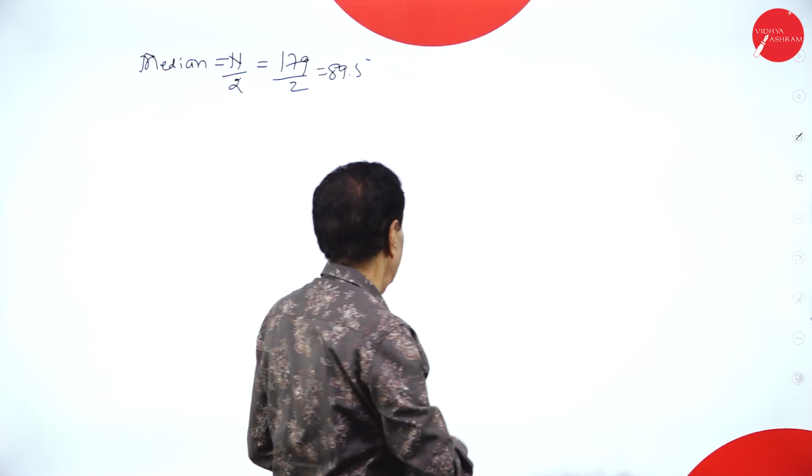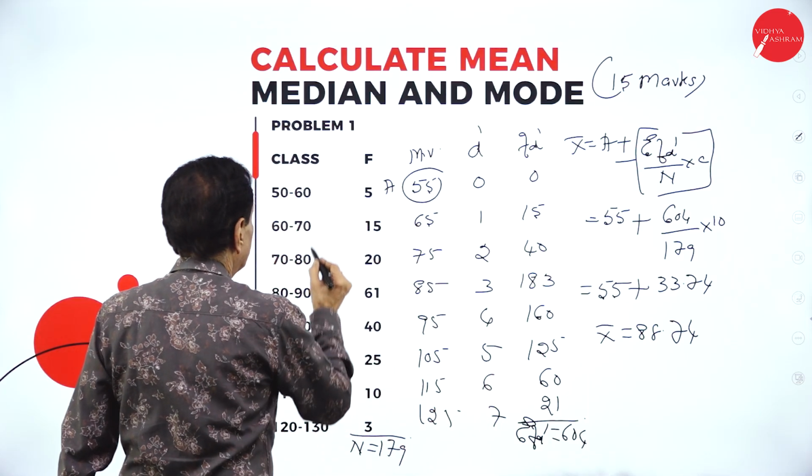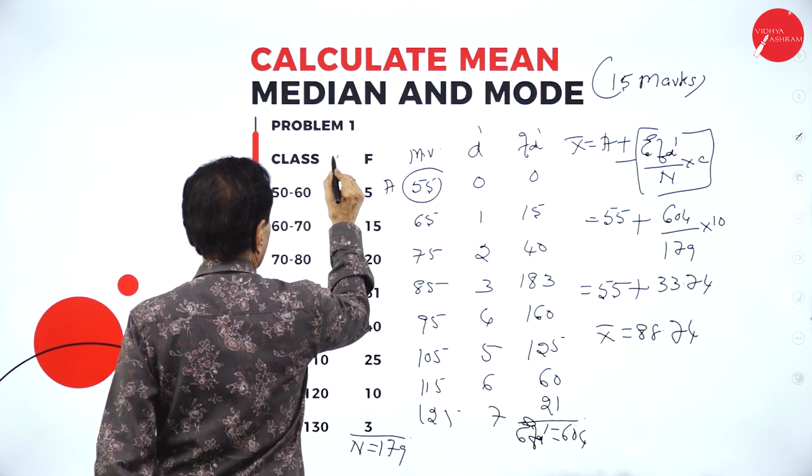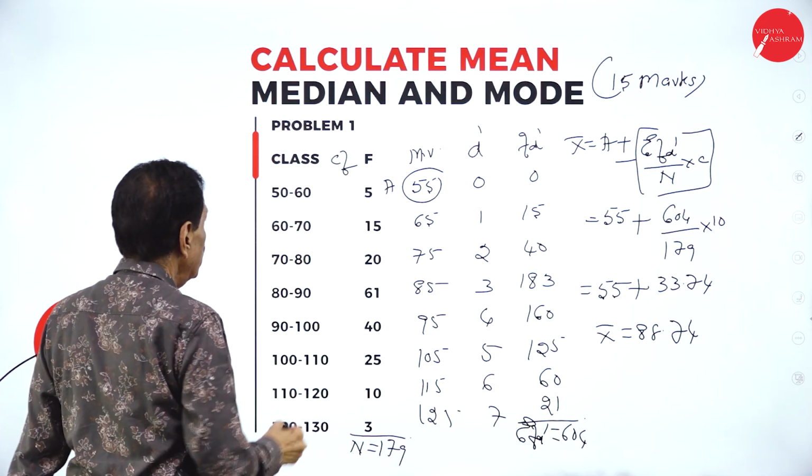Now come back here. Here, mid value is there. Now you have to make the CF here. What is the first number? 5.